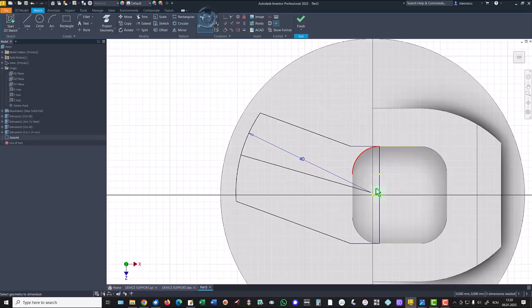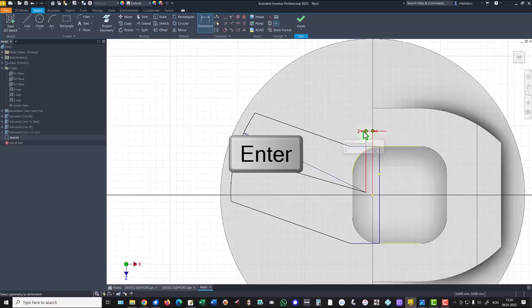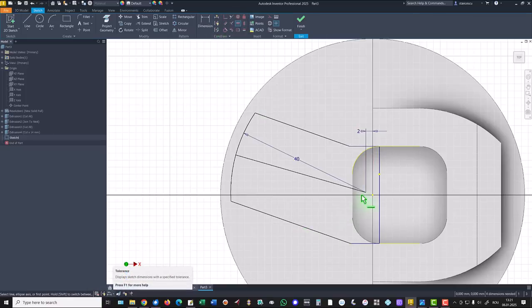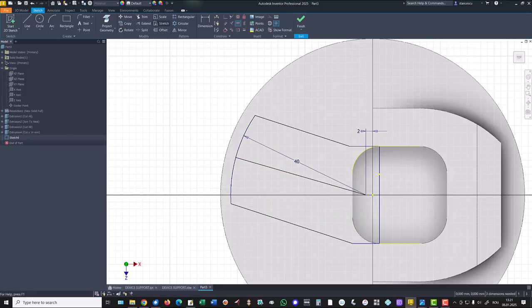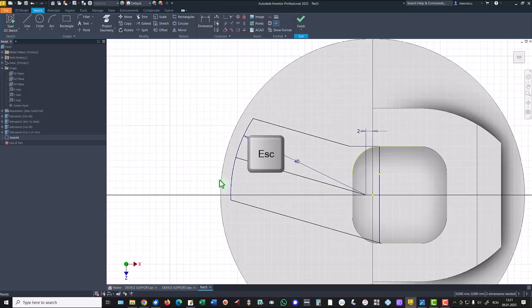The distance of 2 millimeters on horizontal, 2 millimeters, and alignment on x-axis horizontal, these 2 points. Then I apply parallel these 2 lines.